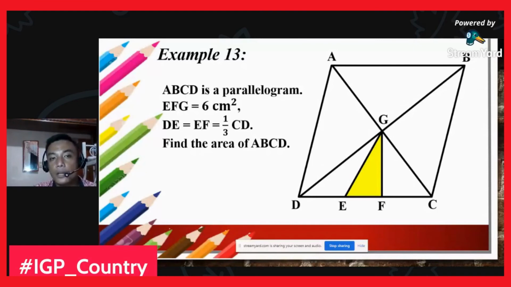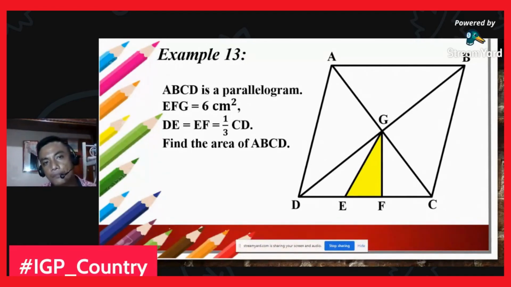DE is equal to EF, which is simply equal to 1/3 of CD. We're going to find the area of the parallelogram ABCD. Take note.